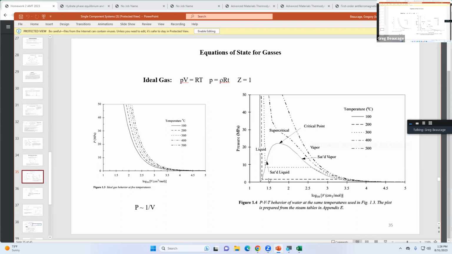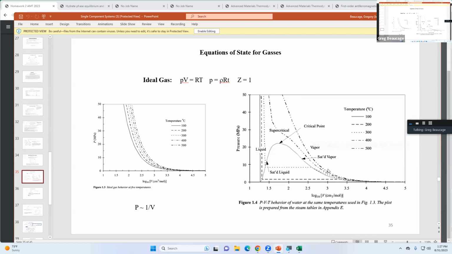So if you look at water and you start decreasing the density, so you increase the specific volume, you get the pressure dependence at low density. Each one is an isotherm, so you have 100 degrees, 200, 300, 400, 500.